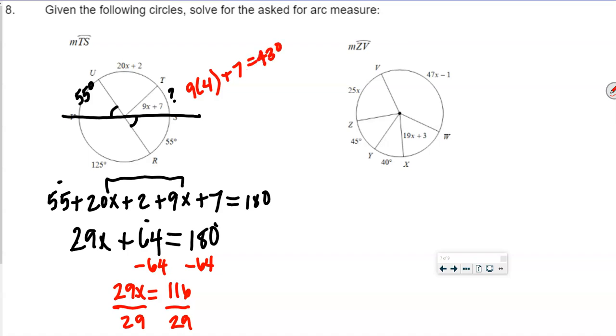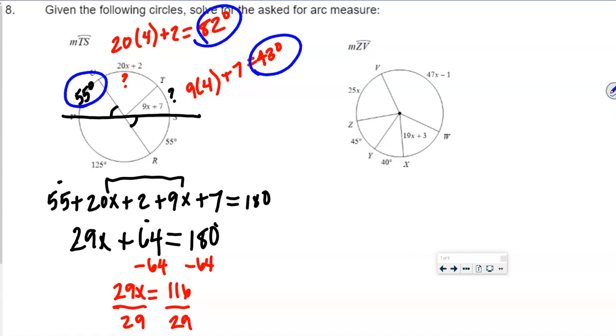And again, remember, I'm going to put it back up there in that 20x as well, just because I want to check it. 20 times 4 is 80, plus 2 is 82. So that's this one right here, okay? So once again, we're going to add these three together and make sure they equal 180, okay?